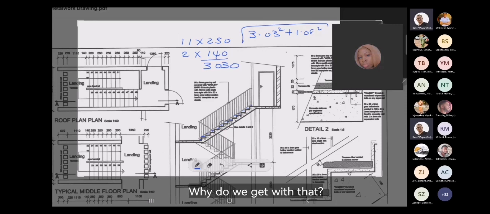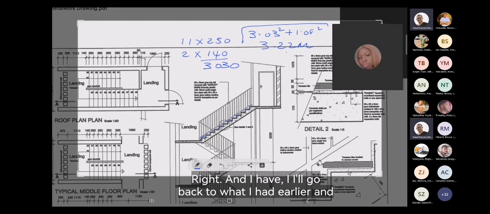What do we get with that? 3.22. Right? And I'll go back to what I had earlier.